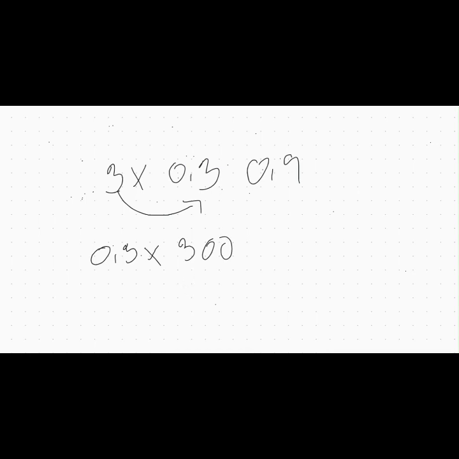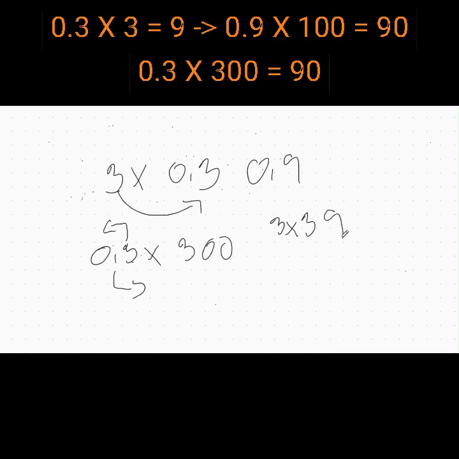Same rules apply, as I explained before. With multiplication, your number is going to go to the left, your decimal is going to go to the right. So your 3 times 3 will be 9, but your 9 is going to go over 2 decimal places.